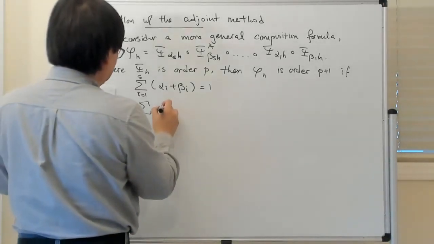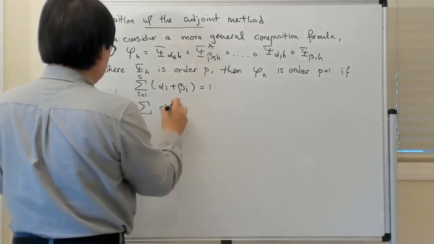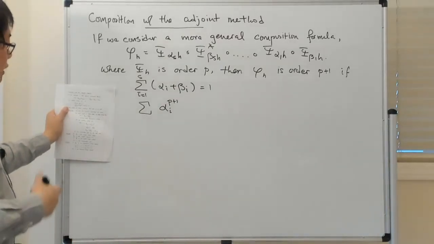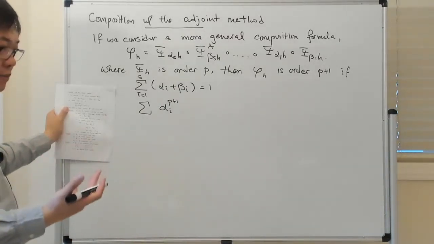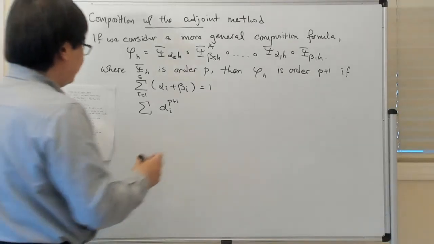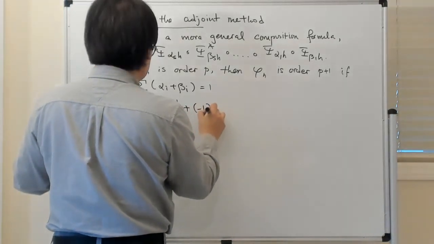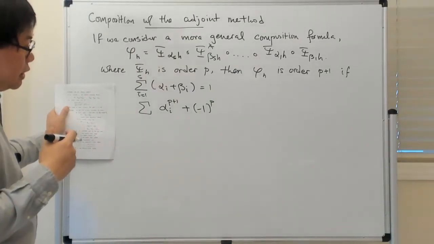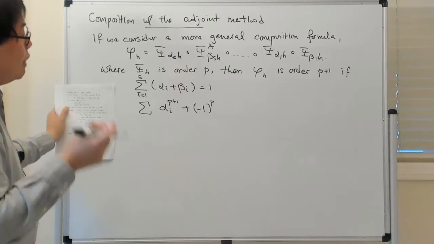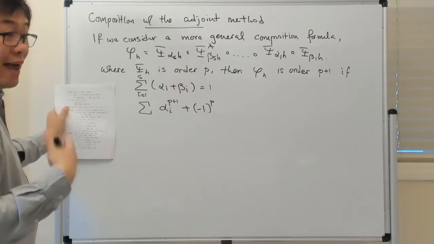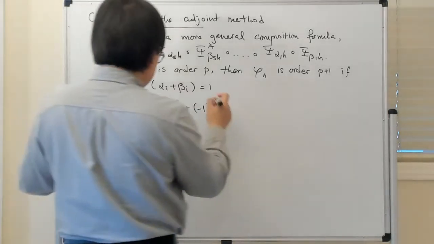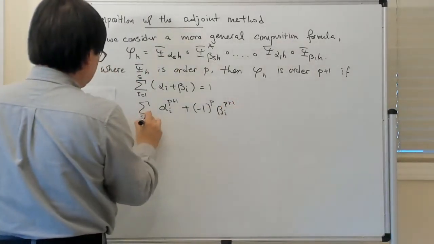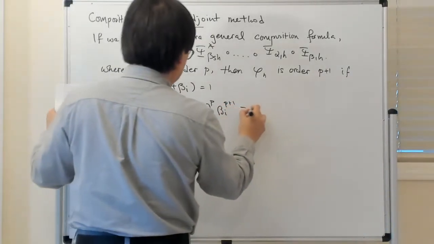If you recall, there was this sum of alpha i to the P plus 1, but then the beta i's, because they correspond to the adjoint, have this factor of minus 1 to the P in front of them. And that comes from the relationship between the leading order error term of an underlying one-step method and its adjoint. So you have a condition like this, where i goes from 1 to S, and this has to vanish.